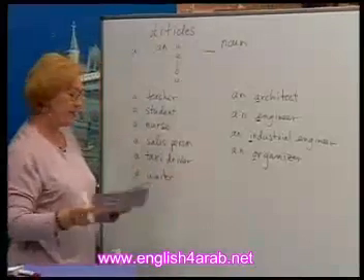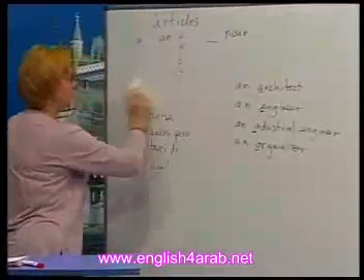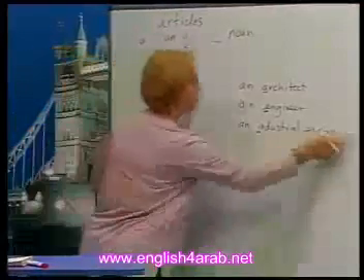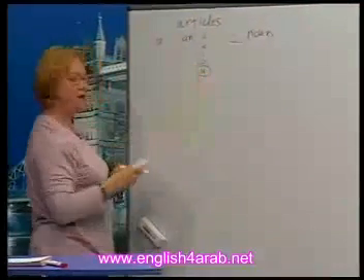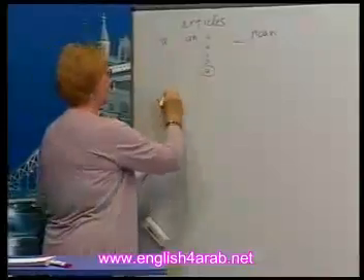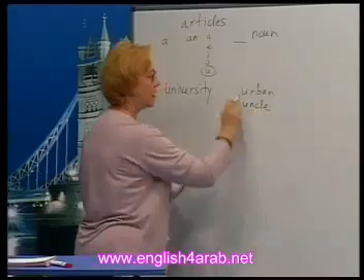All right? Now, we're going to talk about u for a moment. U has two sounds. For example, university, urban, uncle. Okay?